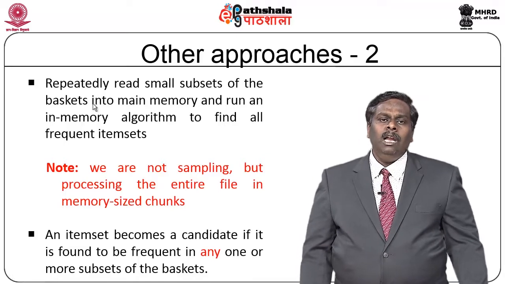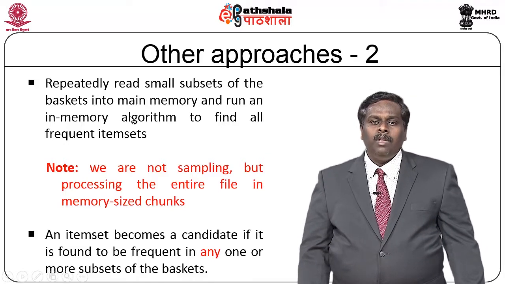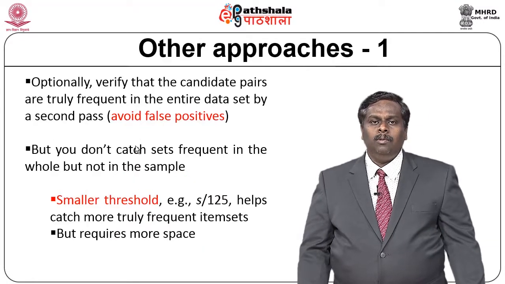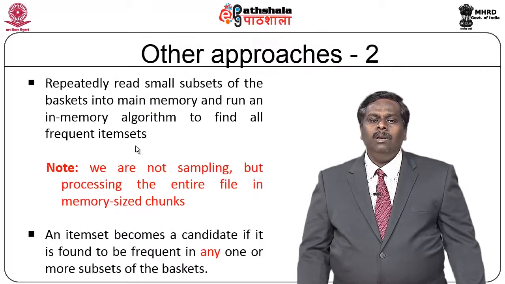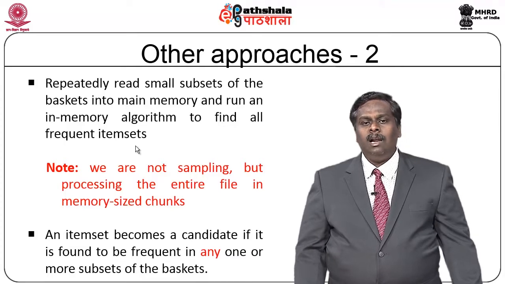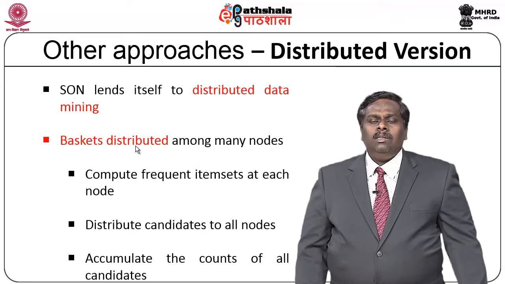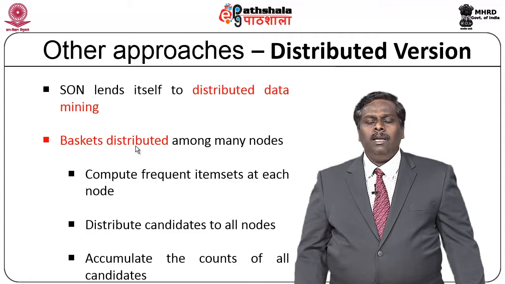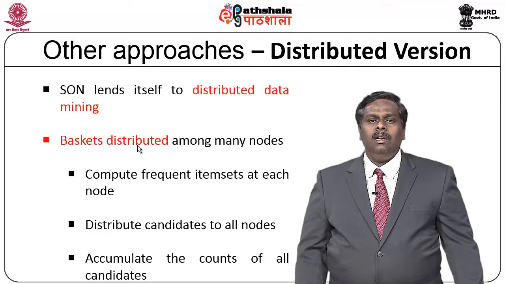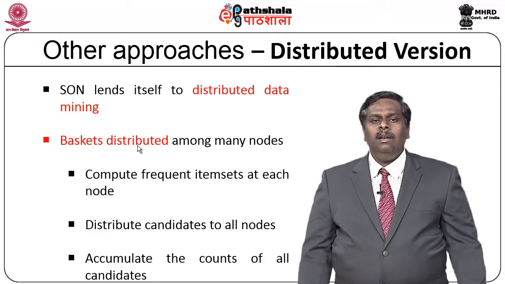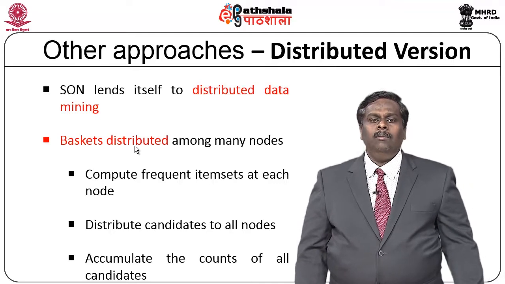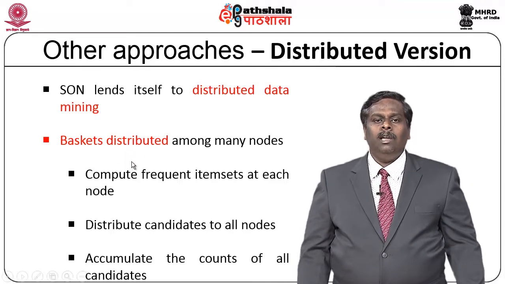So, multiple input output tasks will come into picture, but this approach, when compared with the random sampling approach, sometimes proves to be effective because all possible frequent item sets can be generated, which is not possible in the previous random sampling approach. The same approach can be visualized as having the data distributed in multiple nodes and then running the a priori algorithm in parallel on all this distributed data, thereby resulting in a distributed version of the a priori algorithm.